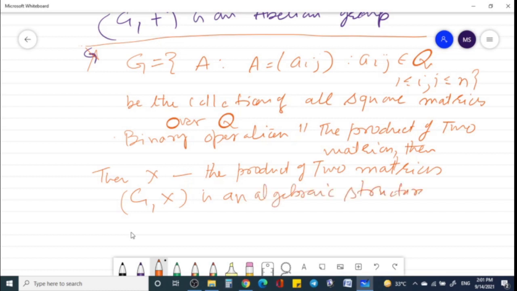By algebraic structure, we mean a non-empty set together with at least one binary operation. So we can say that it is closed, G is closed under the multiplication, under the product of matrices.